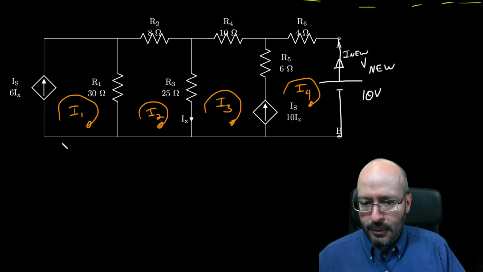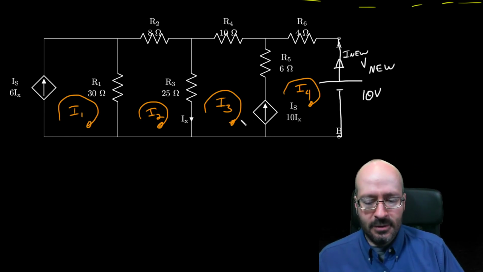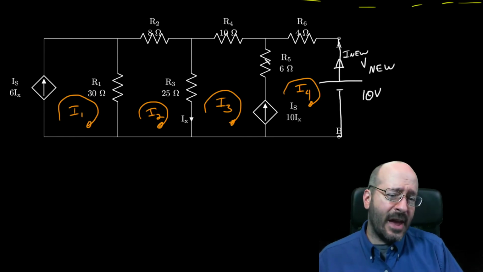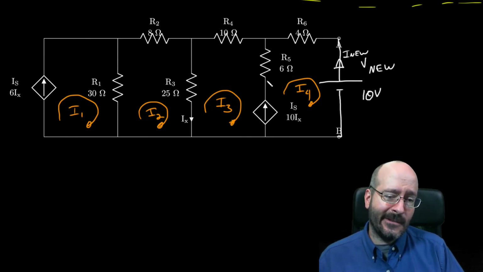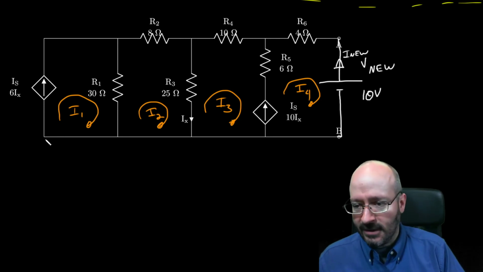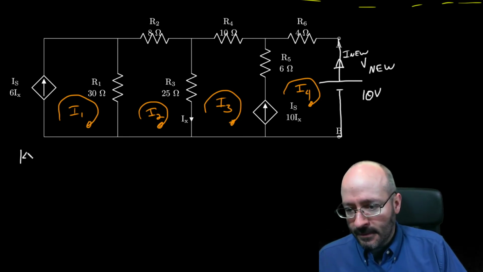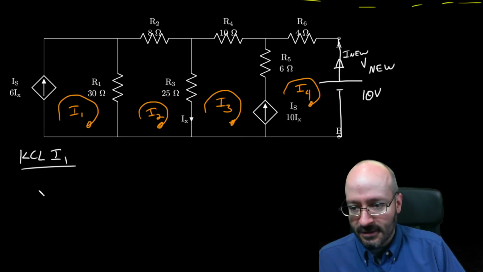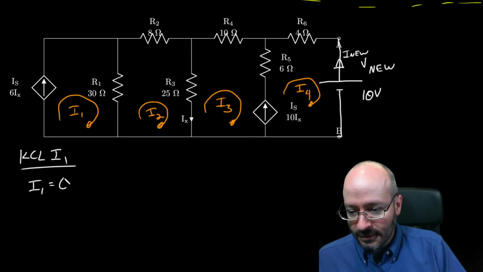All right, so 2 current supplies, so we're going to write 2 KCLs. Ooh, now we have a super loop, so we've got to handle that correctly too. Let's get at it. KCL for I1. I1 is the only current that touches this, and it goes in the positive direction. So we've got I1 equals 6IX.